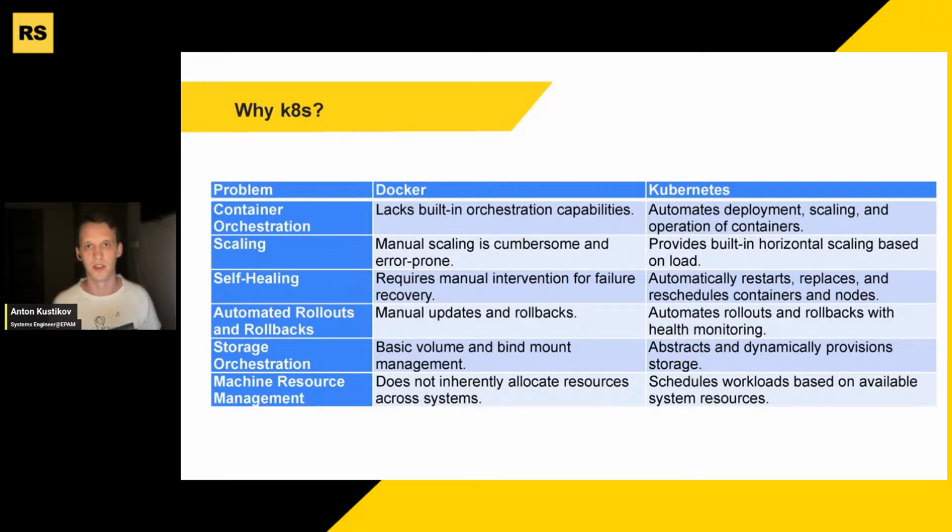So it gives us an option for our application to be self-healed, whatever happens with it. Automated rollouts and rollbacks. It's one more cool thing about Kubernetes that it has different kinds of deployment. So you can just deploy a simple pod, and this pod will be just your container, in other words.